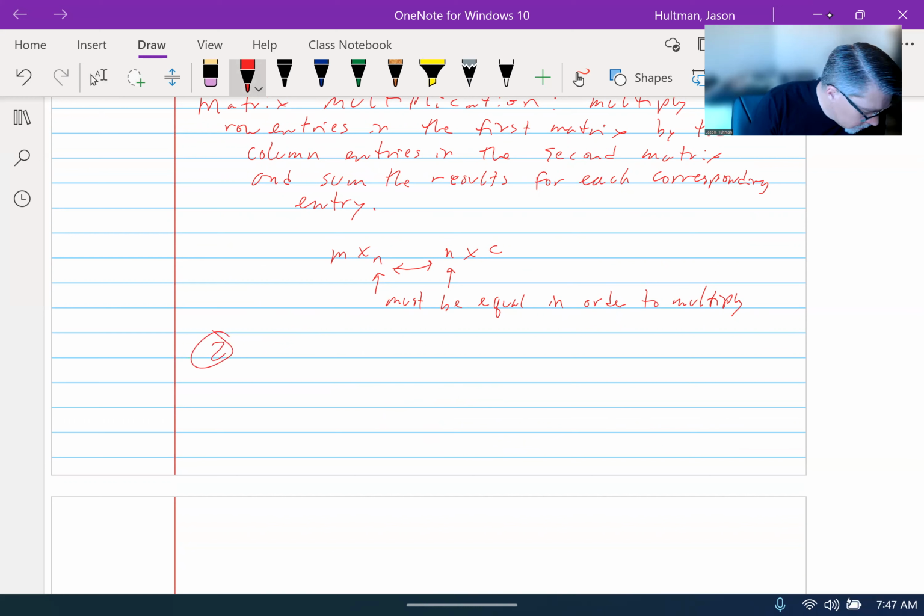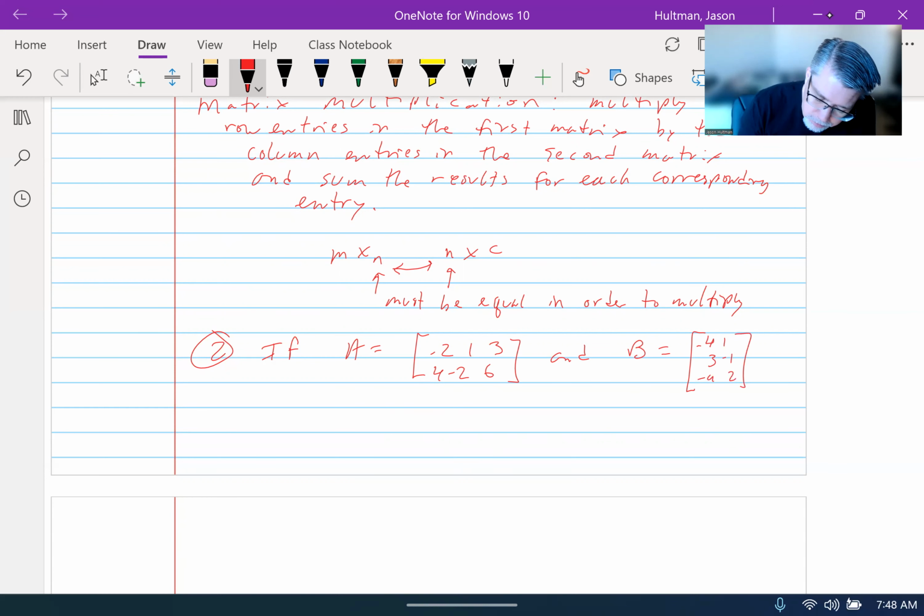Okay, so let's do an example of this. So if A equals -2, 1, 3, 4, -2, 6, and B equals -4, 1, 3, -1, and -9, 2.